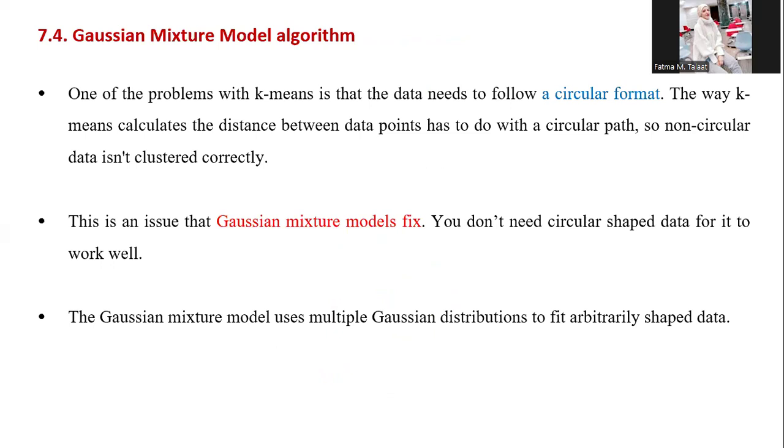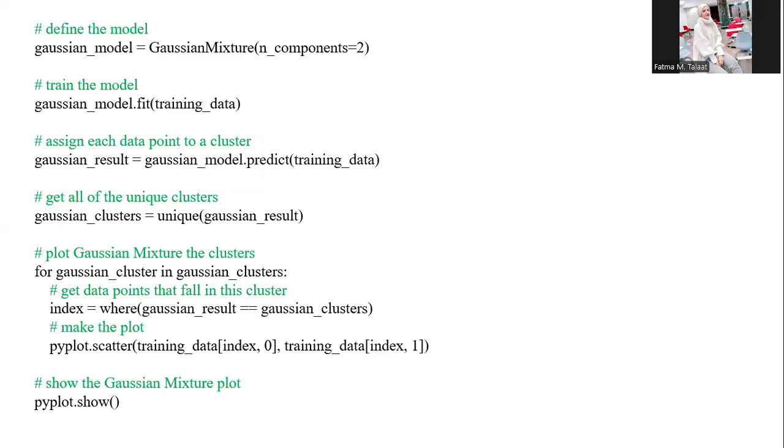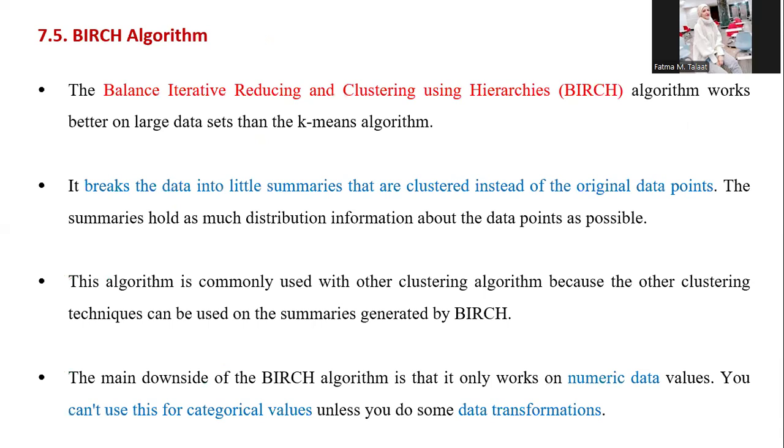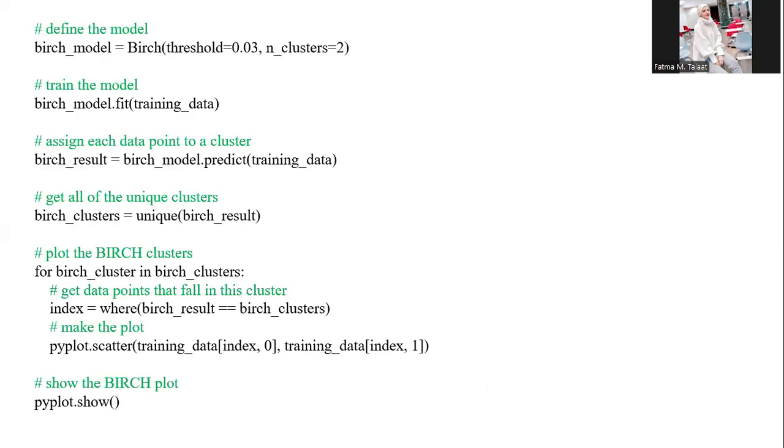The way k-means calculates the distance between data points has to do with a circular path. The way I calculate distance in k-means, here it does only in a circular path. This is an example of its use. Next, the BIRCH algorithm works better on data summarized into little summaries that are clustered instead of the original data points. And this is an application we can look at in detail.